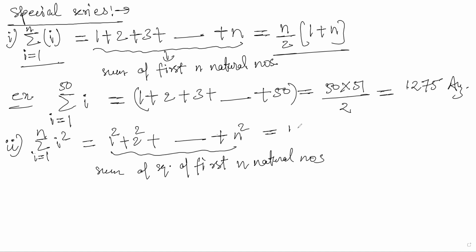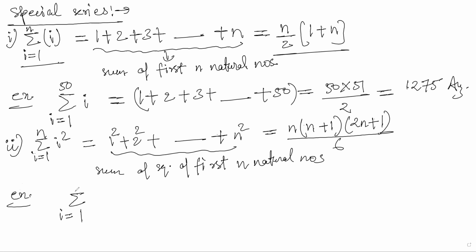And the formula would be n into n plus 1 into 2n plus 1 divided by 6.